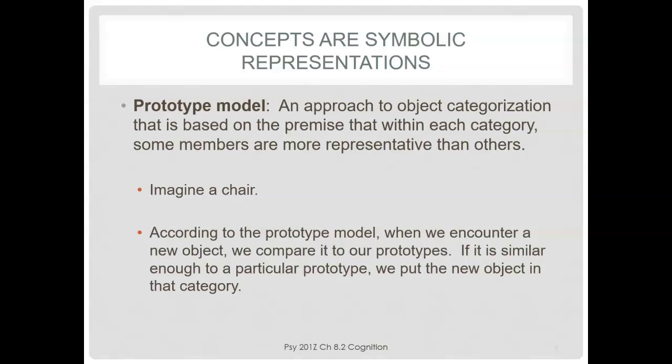The 4 fingers are the chair back, and the palm is the seat. Now, that's not going to match your prototype for a chair. You will eventually categorize it as a chair, but your prototype attributes are going to be more things like the 4 legs, has a back, might or might not have armrests.